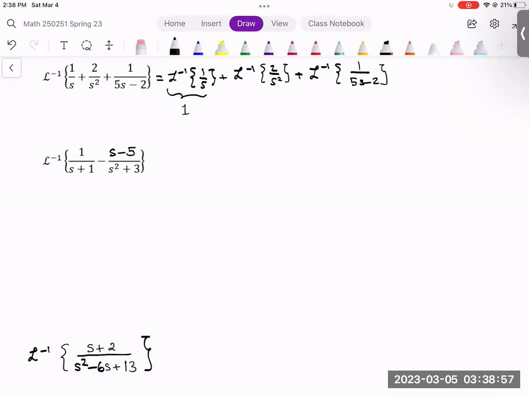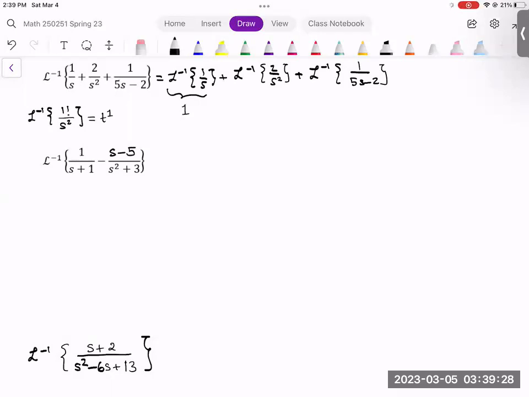This has the same format as the inverse Laplace transform of n factorial over s to the n plus 1, where here n equals 1. So this looks like 1 factorial over s to the 1 plus 1. This inverse Laplace transform is going to be equal to t to the 1.